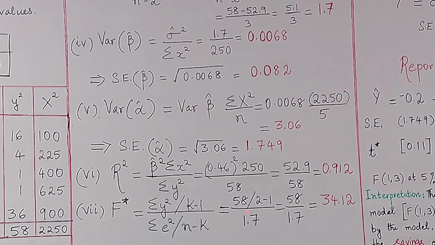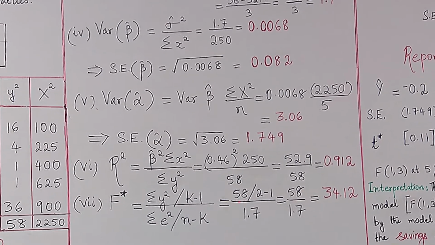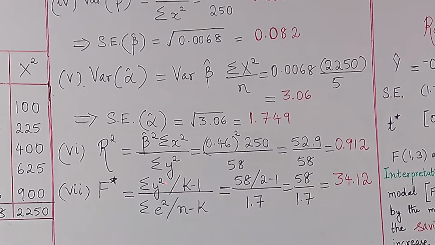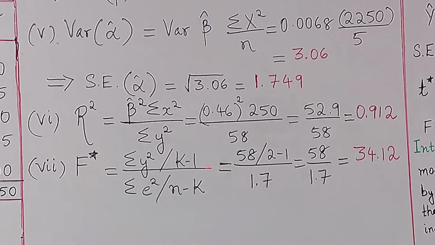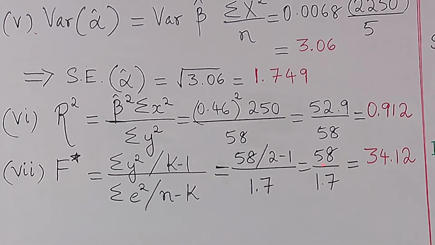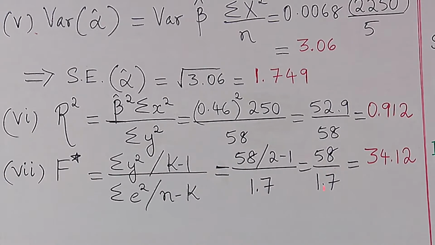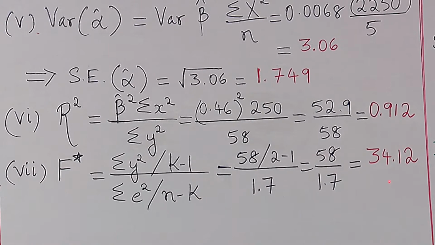The denominator of F star is 1.7, while the numerator for calculating F star is sigma small y square 58 by k, which is 2 minus 1. So, 58 by 1 is nothing but 58, and divided by 1.7 gives the answer 34.12.